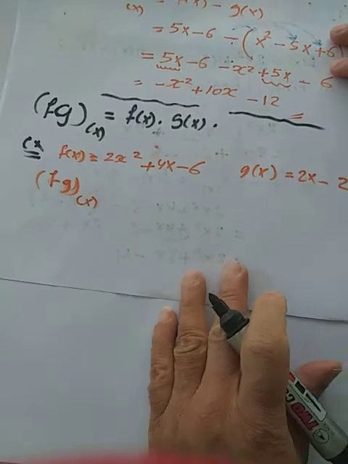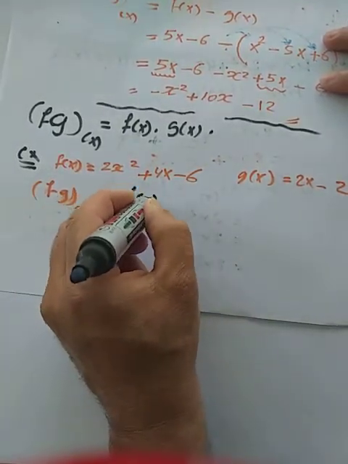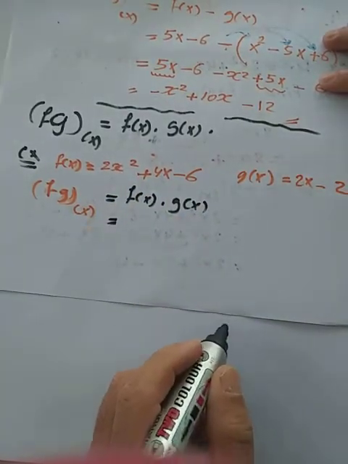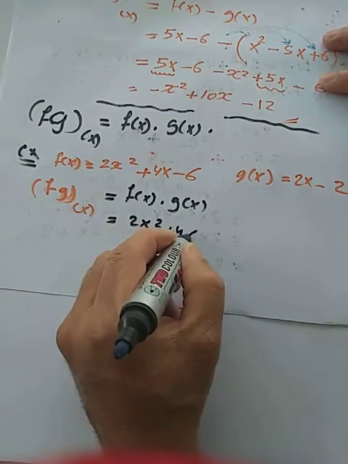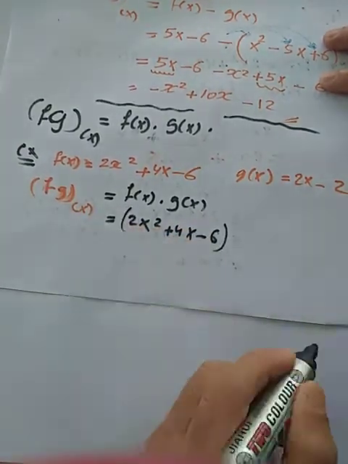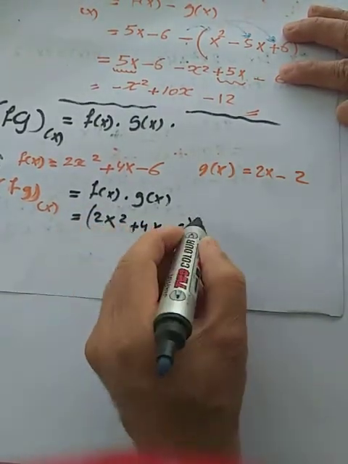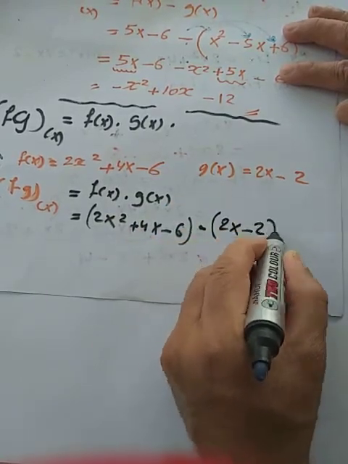By multiply equal to 2x squared plus 4x minus 6, all in brackets, times g of x, which is this one, 2x minus 2.